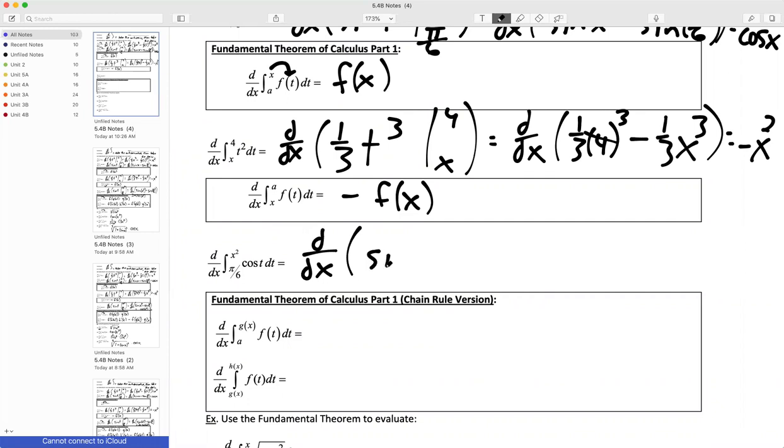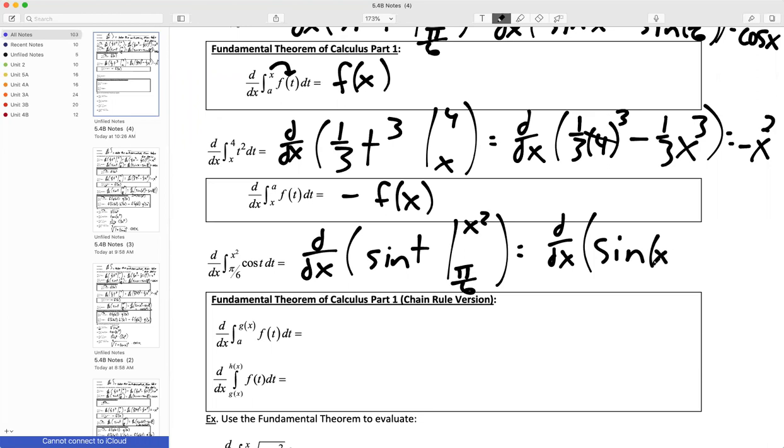Antiderivative of cosine of t is sine of t. So now I'm going to plug in x squared. And that gives me sine of x squared minus sine of pi over 6.